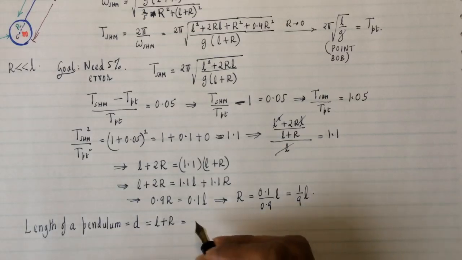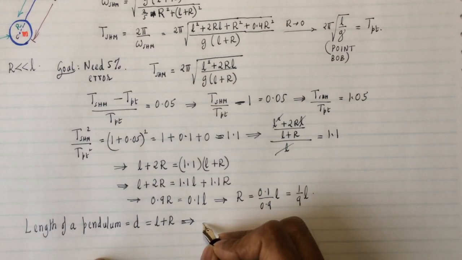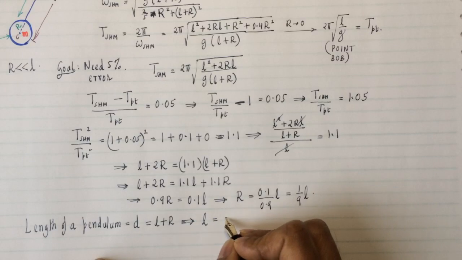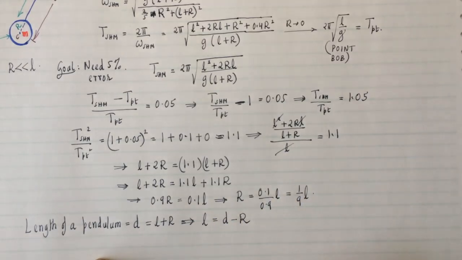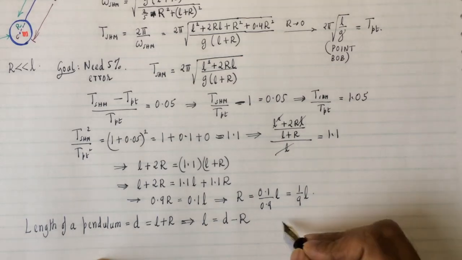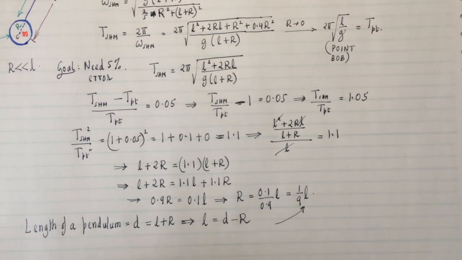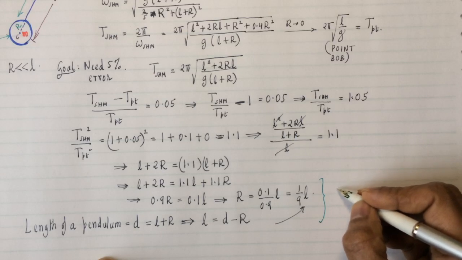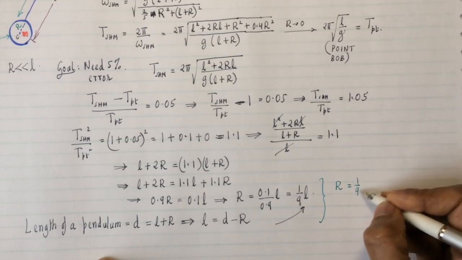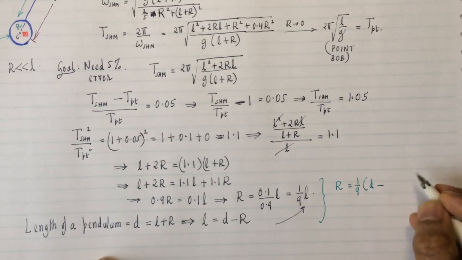Little L is the length of the pendulum minus capital R. So let me substitute that in here to get a statement about what the length of the pendulum must be in terms of the radius. So I get here the radius equals 1/9 the length of the pendulum minus the radius.